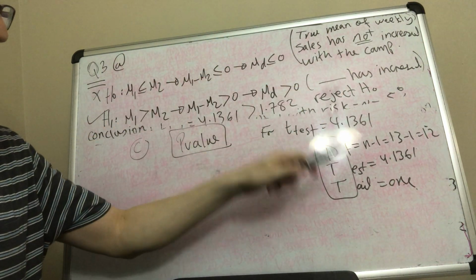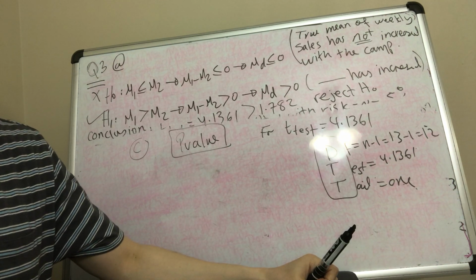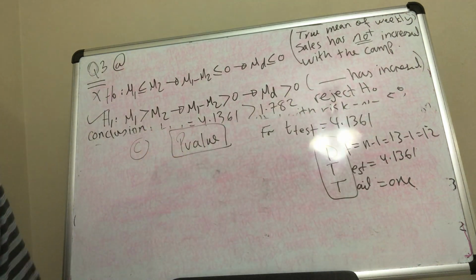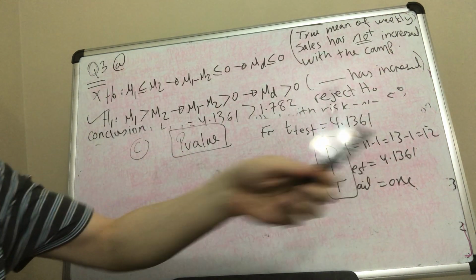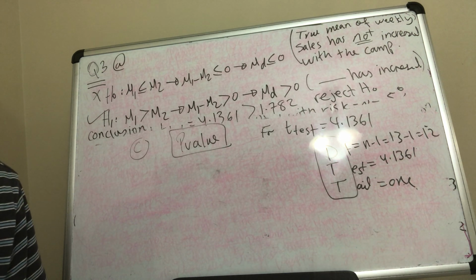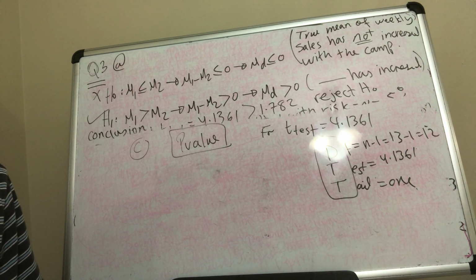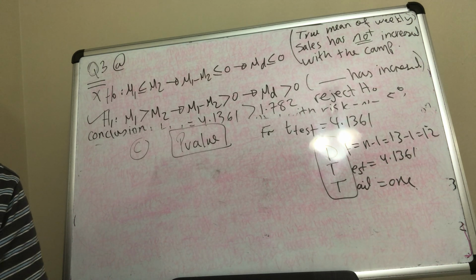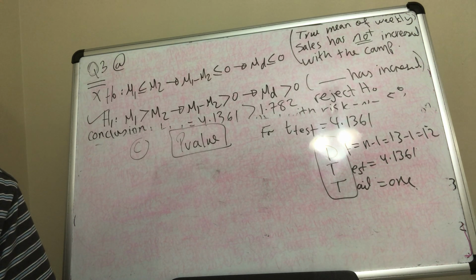So once you put this, you go to your t-table, you go to the line degrees of freedom 12, and you look for the 4. You'll see that in the one I'm using, it's between the last two numbers. Maybe you might see it in your table that it's just greater than the last number. In my table, it would be between the two numbers.